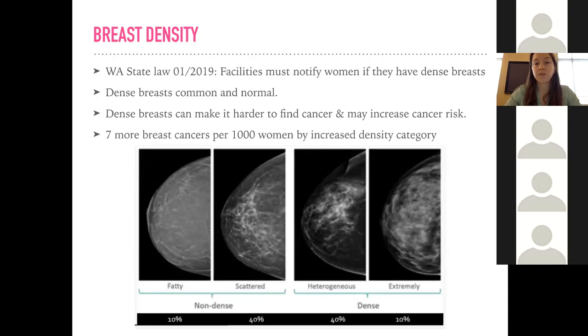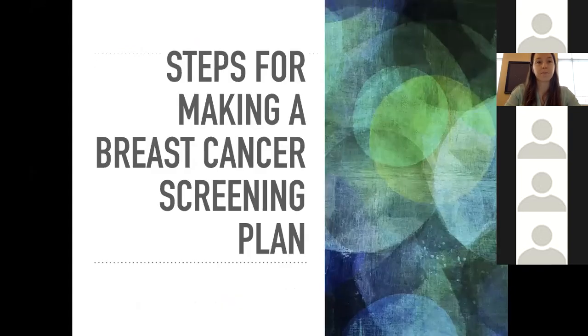The dense breast tissue can make it harder to find cancers, which is why it has come up as an important piece to talk about. There are some studies that show it can increase cancer risk as well. But we can talk more about how exactly to categorize these women who do have dense breasts and think about their screening. But just to emphasize that it is not an abnormal thing. About half of women are going to have some category of higher breast density.